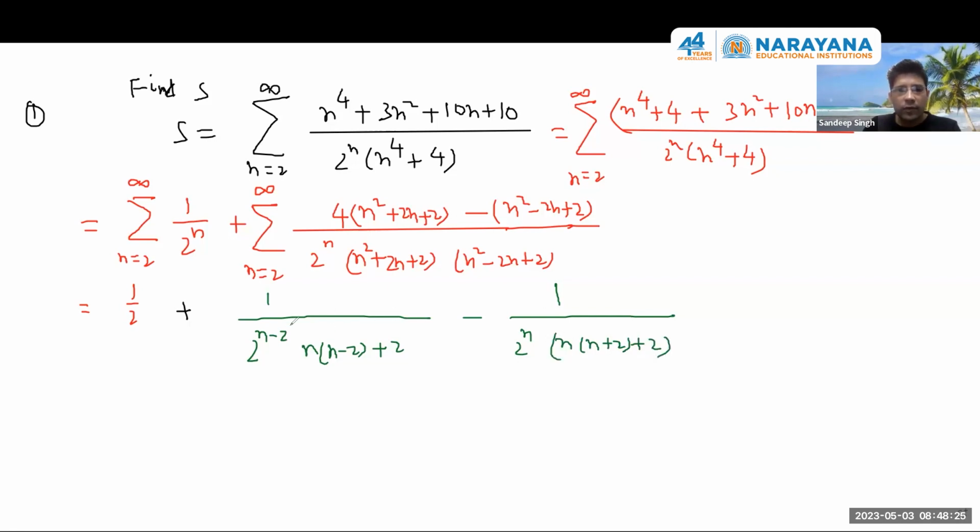So this is method of difference type 2. Please check whether I have written everything correctly and correct me if I am wrong. Is it all right? Yes.